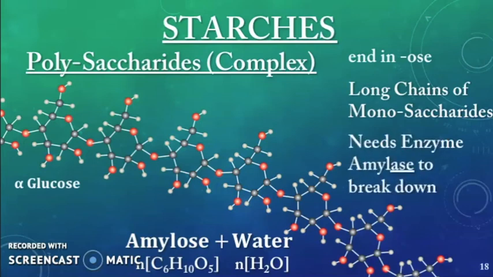And they need, or we need, an enzyme called amylase to break it down. So we have amylose is our starch, is our sugar, and we have amylase is our enzyme. And you can see that we just have long chains of these. Now, I couldn't even draw how many chains these are, but these are called complex carbs sometimes because we do have amylase in our system and in our bodies, and we actually produce it in our saliva.